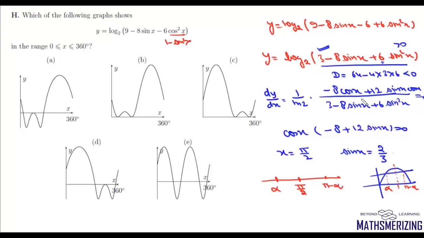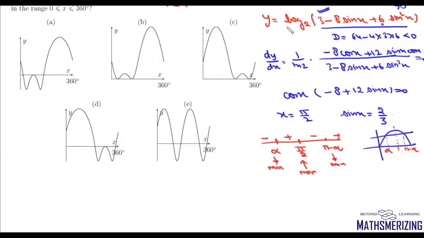Now we look at the sign of dy by dx at x equal to 0. It will be this minus 8 and then positive value. So it will be negative. So here this value is minus, and then plus, and then minus, and then plus. So we'll have a minima at alpha and a minima at pi minus alpha, and we'll have a maxima at pi by 2.